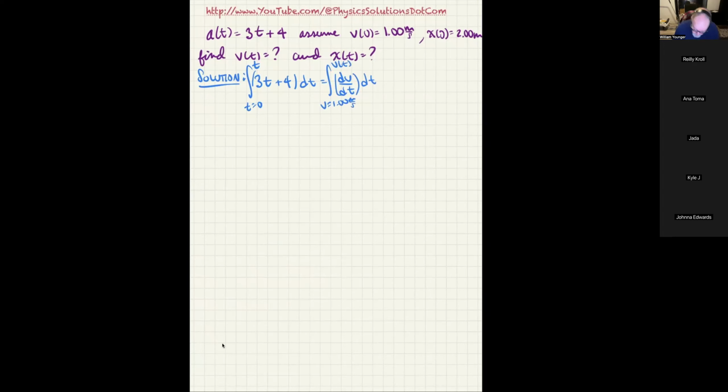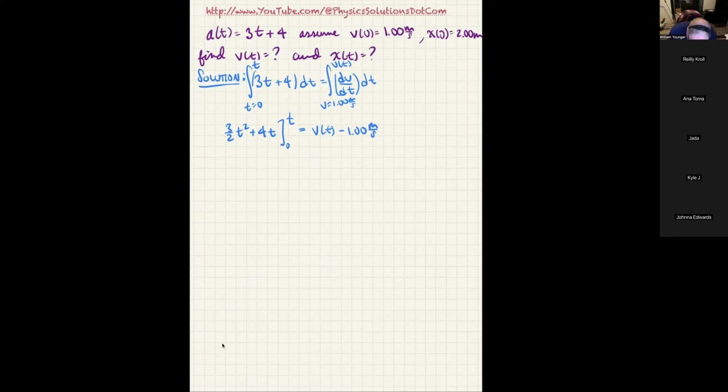When I do this integral, I end up getting 3 halves t squared plus 4t, evaluated from 0 to t, is equal to v of t minus 1.00 meters per second. I'm going to drop that unit in a second, just keep track of them in my head.